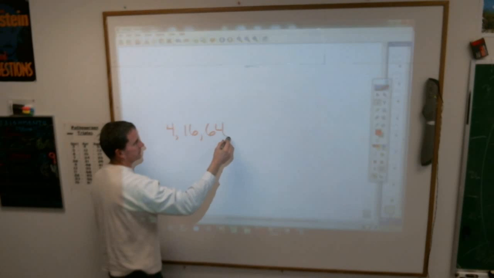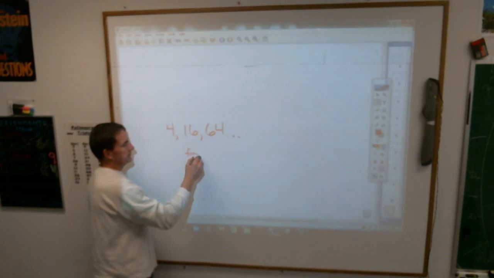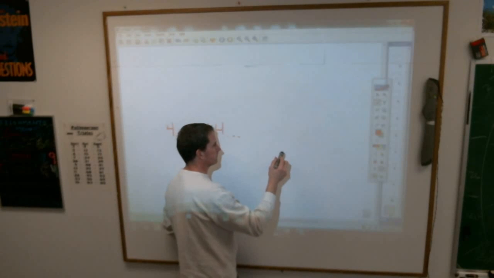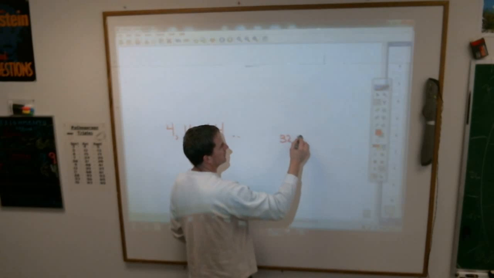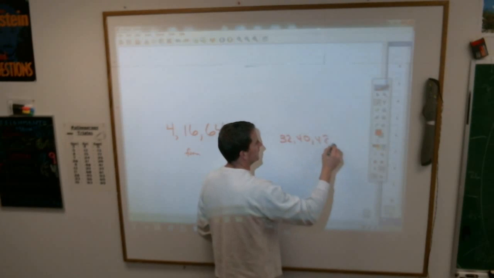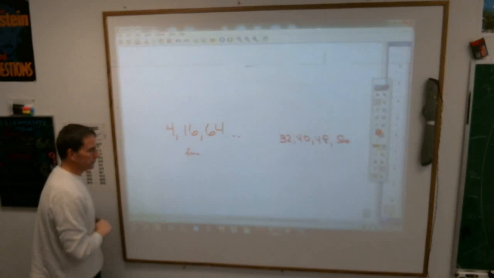And I'll leave it there because I don't want to go any higher. Write the formula for this sequence, and then this one. 32, 40, 48, 56. Write me the formulas for those two sequences.